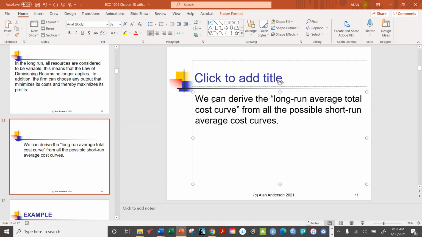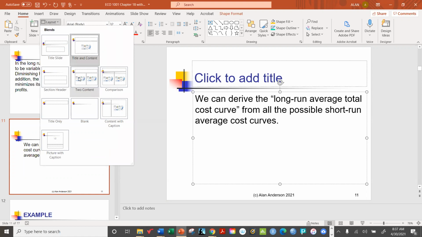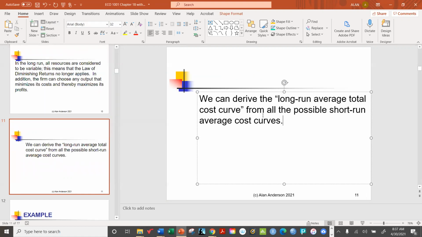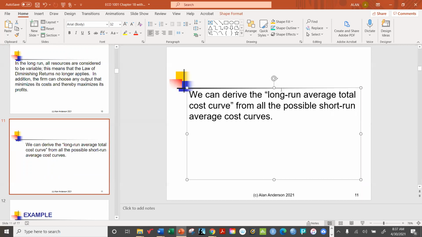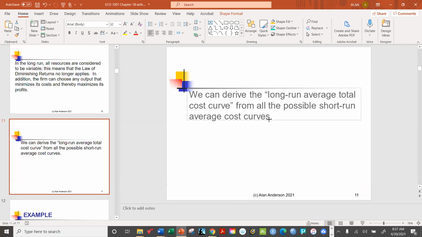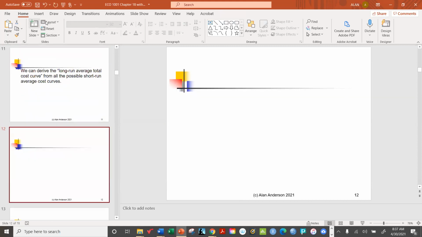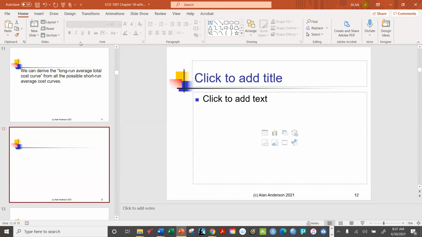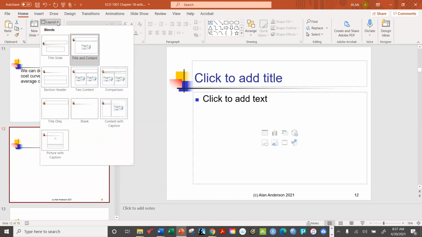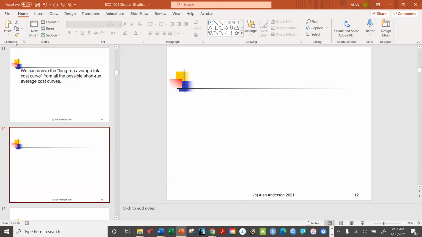Imagine we're running a small business, and let's say we're brewing beer. It's a small brewery. In the short run, we're stuck with the resources that we have, so we can't do anything except change the amount of labor. But let's say we're looking at the long run. We can build whatever size brewery we need to maximize our profits. If that's the case, there are a lot of plants or breweries we could potentially choose from.